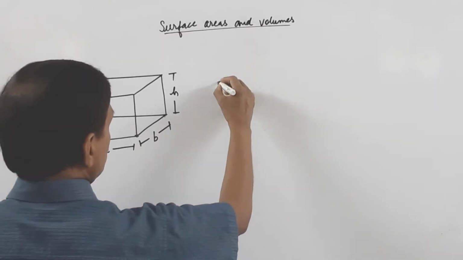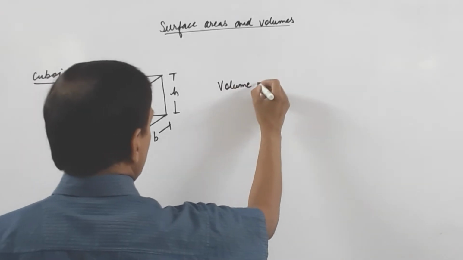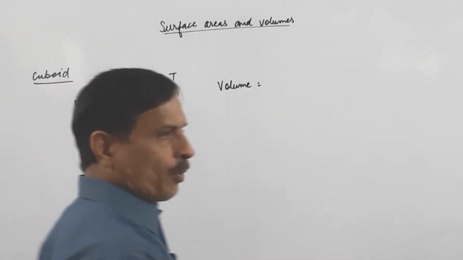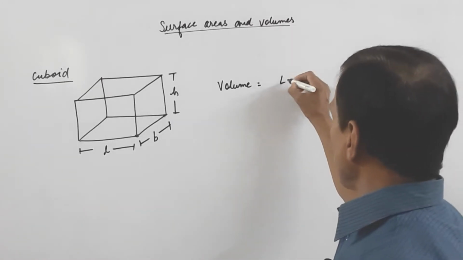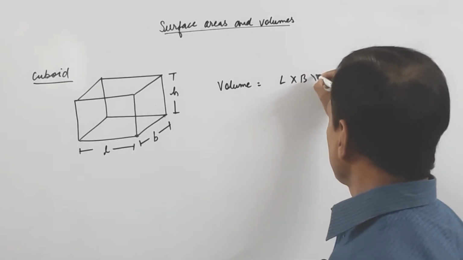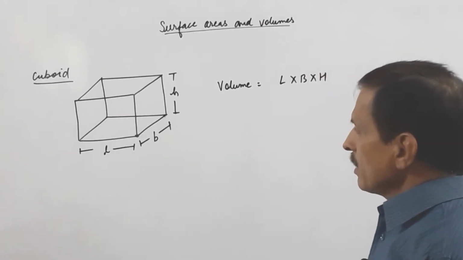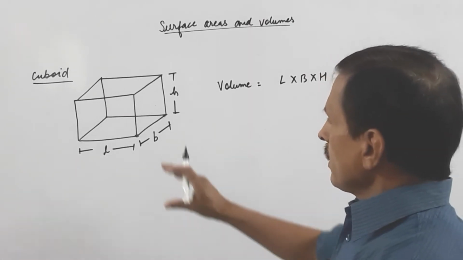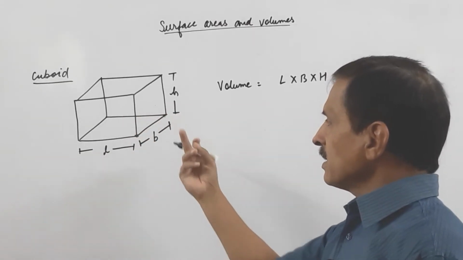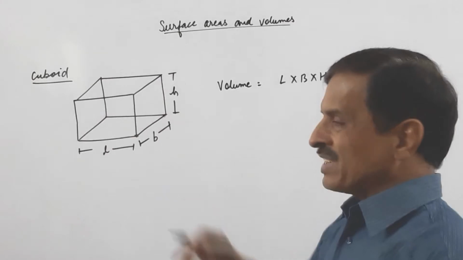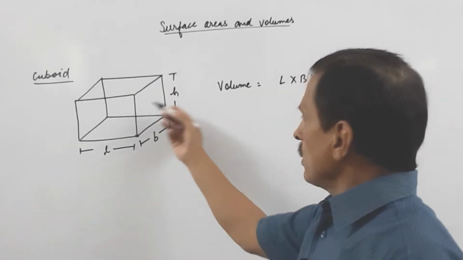First, volume. Volume of cuboid is the product of length into breadth into height. A cuboid is having the lateral surfaces and horizontal surfaces. So 4 lateral surfaces.